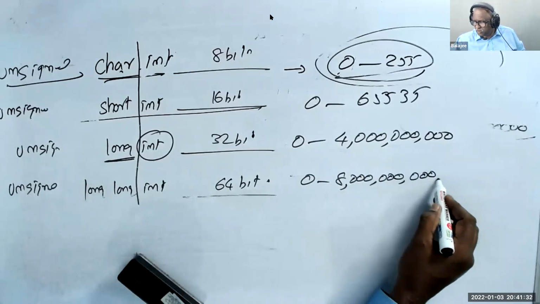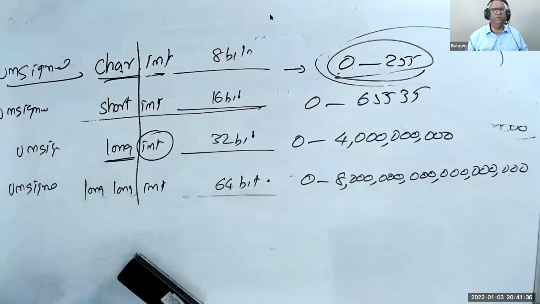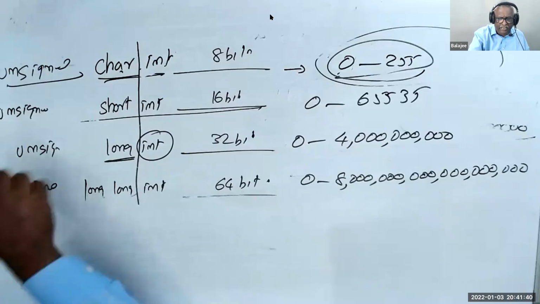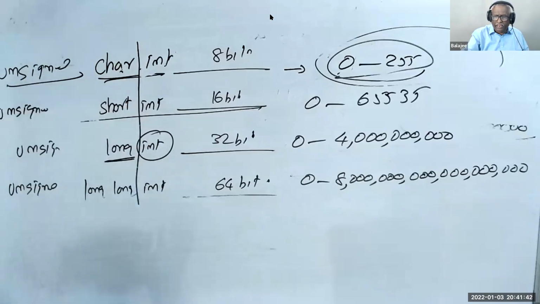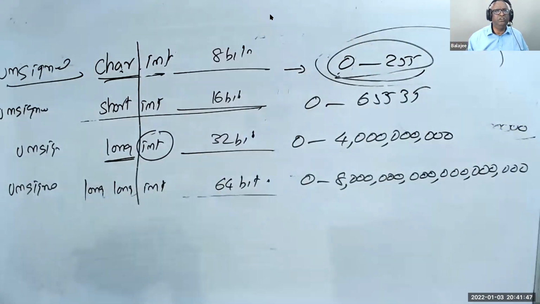Think of it. Such a big number. So please understand the difference between unsigned and signed. Unsigned, you can store from 0 up, whereas in signed, you can store negative numbers. That's the only thing.